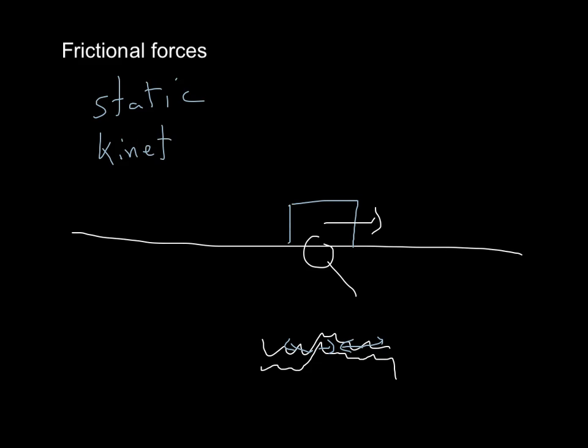So kinetic or dynamic friction forces, whatever you want to call them. And they are usually, well, always smaller than the static friction force. So for example, this could have a maximum static friction force of, let's say, 50 newtons. Then once I reach these 50 newtons, there will still be friction, but it will be normally around 20 newtons, way less than how hard it was to get this thing to start moving.